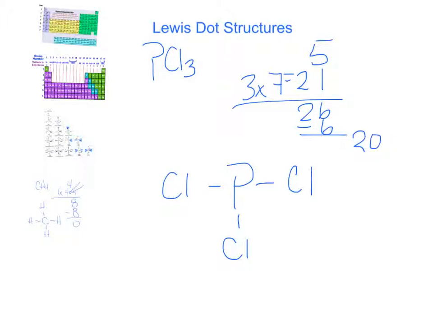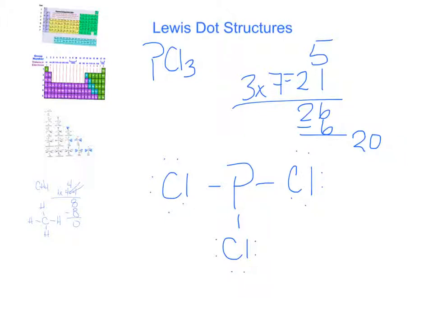Now, when you're looking at the outside atoms, these right here, they're chlorine, they need to have 8. All of the outside valence atoms need to have 8. So chlorine's already formed its 1 bond because it had 7 valence electrons and needed 1 more to get to 8. So we would just add 6 electrons around each of these chlorines to get to 8.